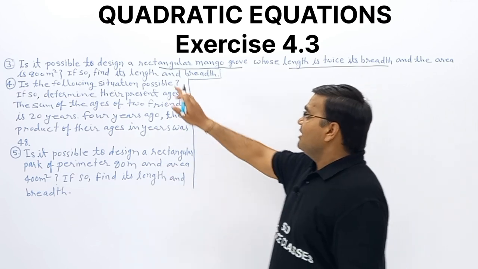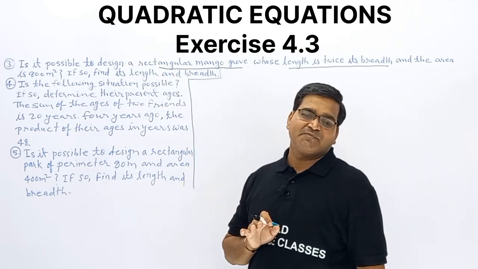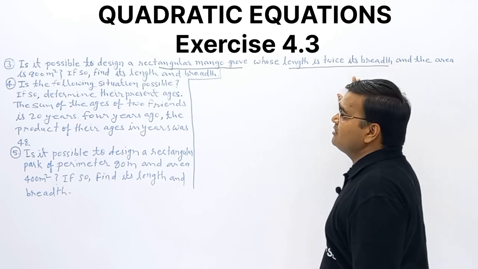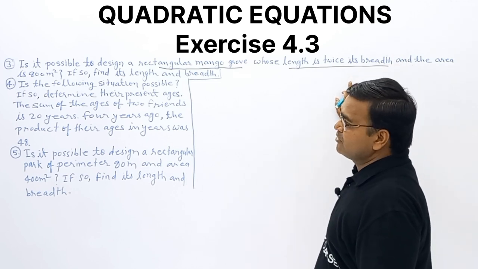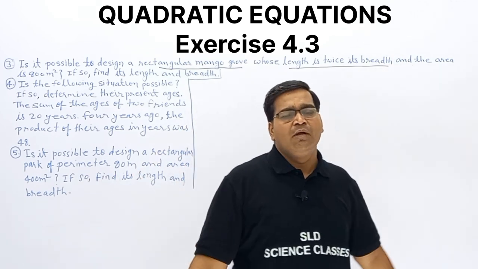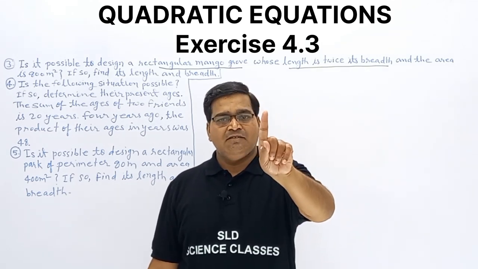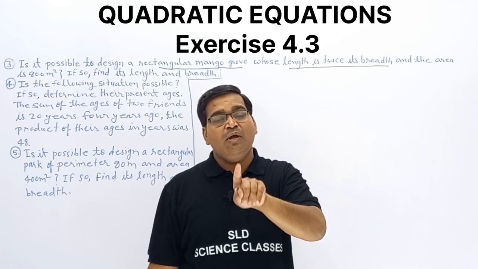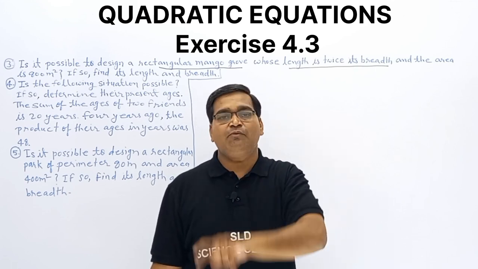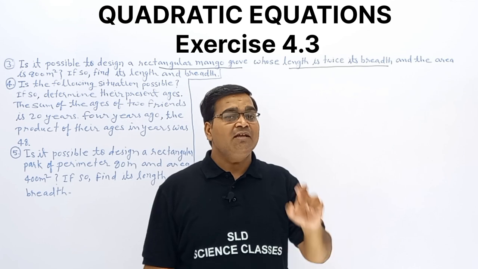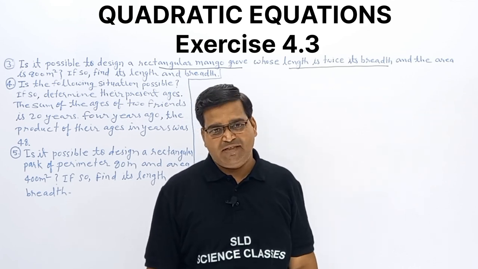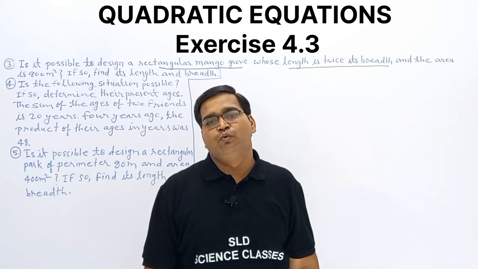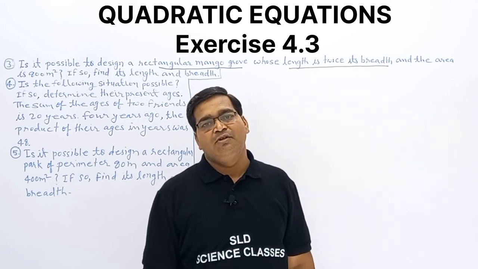So first we find the equation from the situation, then we find the nature of its roots using b square minus 4ac. If it is greater than or equal to 0, we can find the roots, otherwise not.